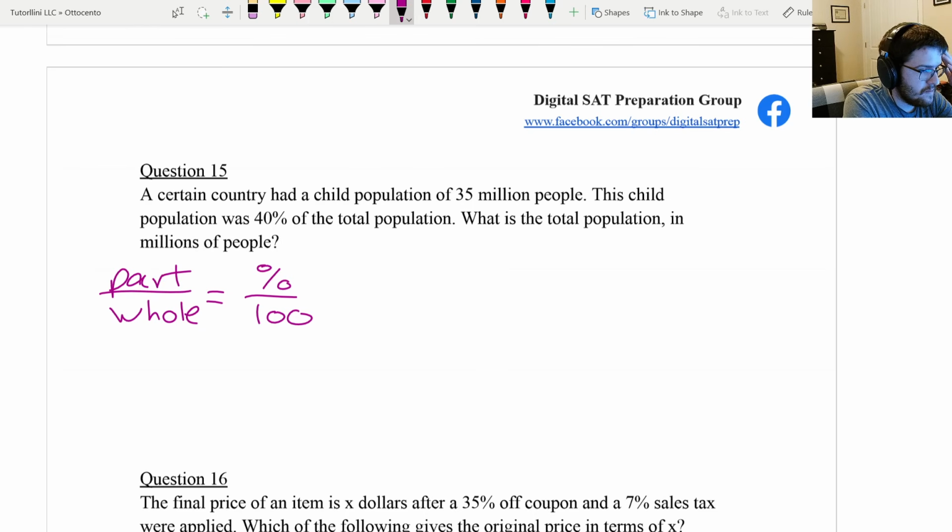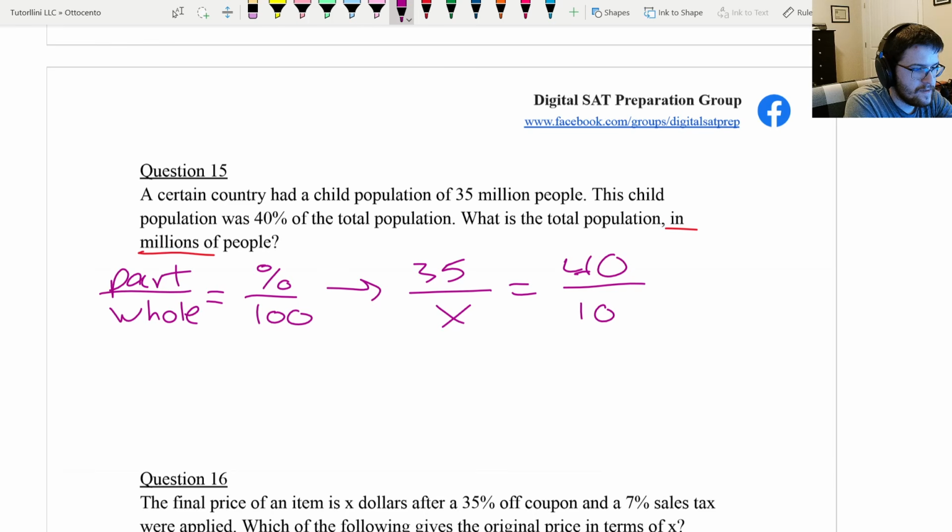And so the part is 35 million. It says in millions, so we don't need to change it. The whole is the total. We don't know that. X. And then the percent is 40 over 100.